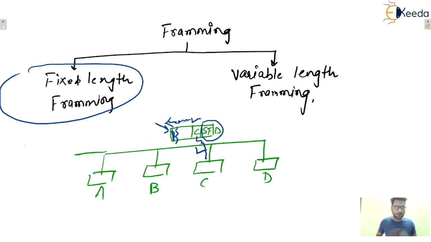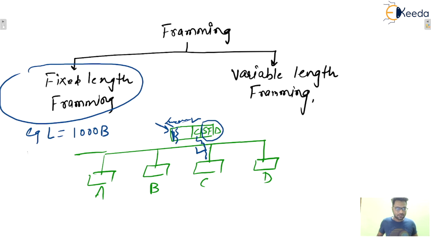For example, let's say the length of the frame is 1000 bytes. So the receiver will start reading it, and after 1000 bytes, it will not read. So if the frames are of fixed length, there won't be any problem. I hope this one is clear to everyone.